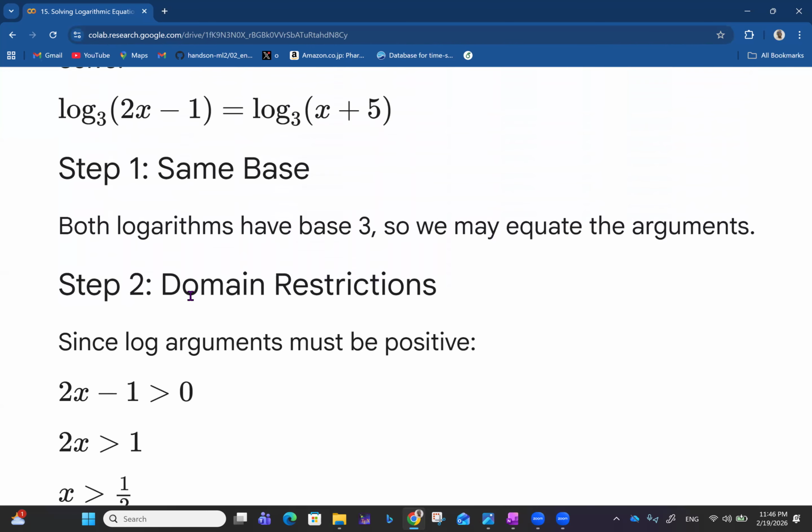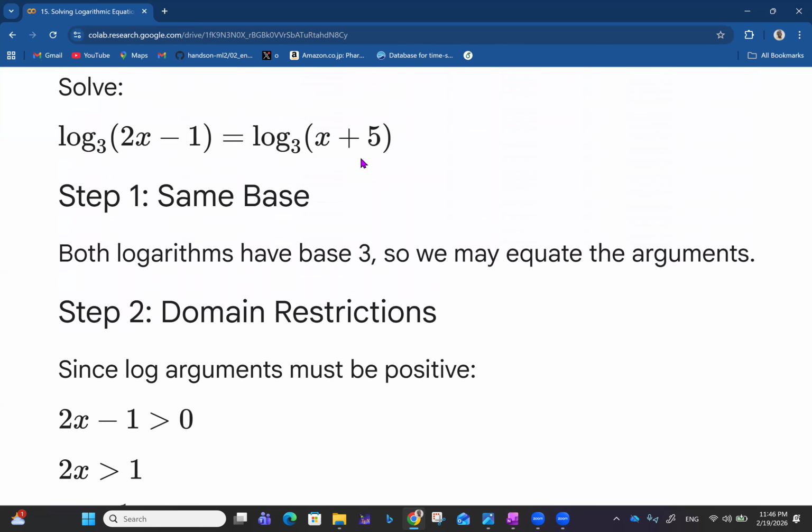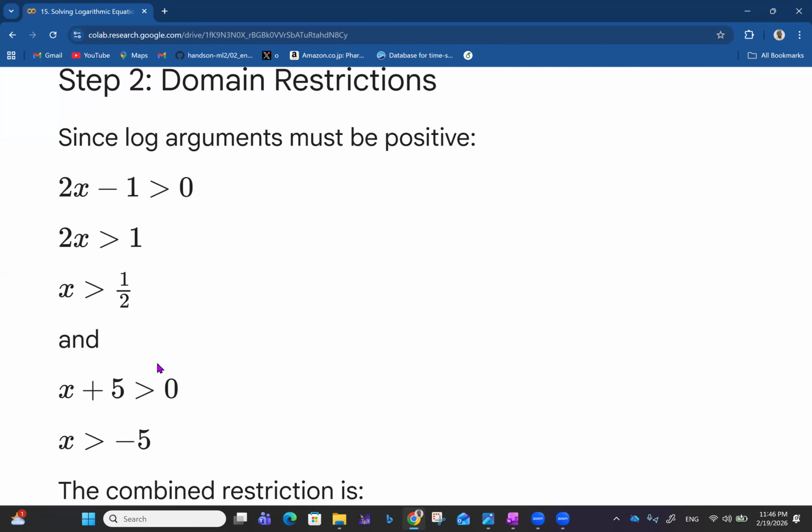But before we go ahead, we have to check for domain restrictions. So for the first one, since log arguments must be positive, 2x minus 1 must be greater than 0. So 2x minus 1 greater than 0 implies that x is greater than half. Then x plus 5 must also be greater than 0. That means that x plus 5 greater than 0, meaning that x is greater than minus 5. So in this case, x must be greater than half. For this case, x must be greater than minus 5.